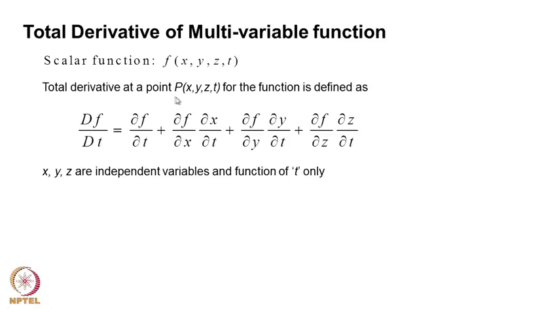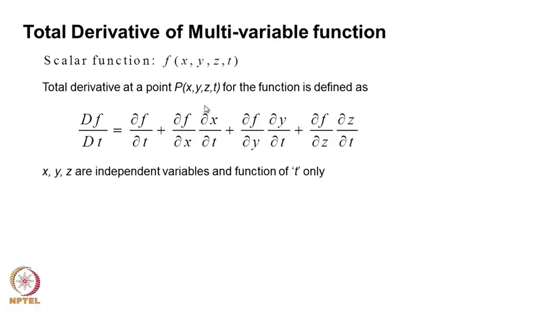For a function which is defined in x, y, z and t, one can define the total derivative of the function at a point P, and this is defined as capital D of the function by capital D t, which is dou f by dou t plus dou f by dou x into dou x by dou t plus dou f by dou y into dou y by dou t plus dou f by dou z into dou z by dou t.